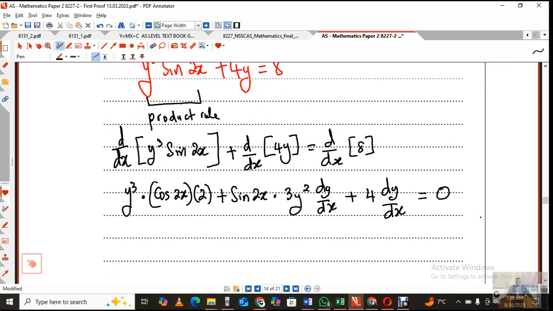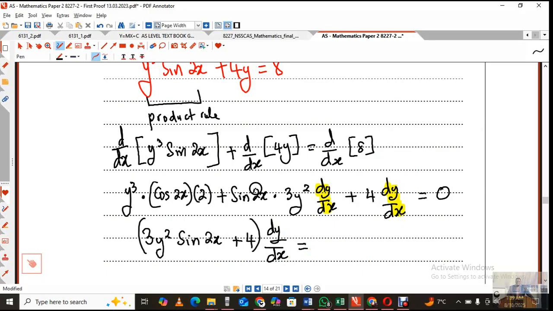Now I also like to highlight where I have my dy dx's and also the coefficients, so that I don't make mistakes. So let me write those coefficients down. I have 3y squared sine 2x, plus 4, so this is the coefficient of dy dx.